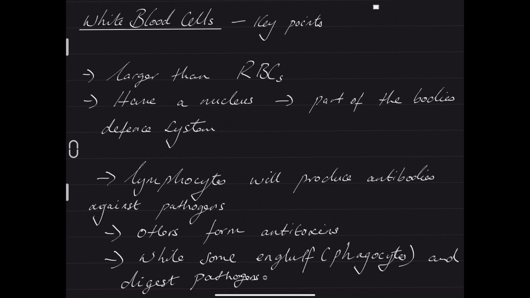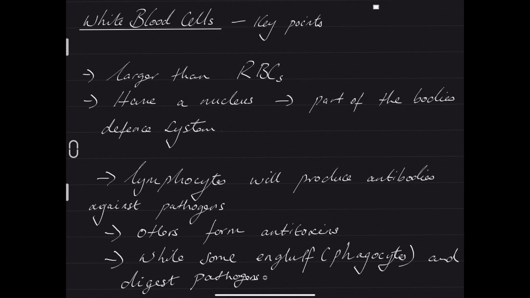So this is just a quick breakdown of the white blood cells. And as I said, we've covered this in detail previously in terms of the overall structure of white blood cells. And what we will do is go on to immunity and microorganisms that cause disease, such as the different types of pathogens later on.